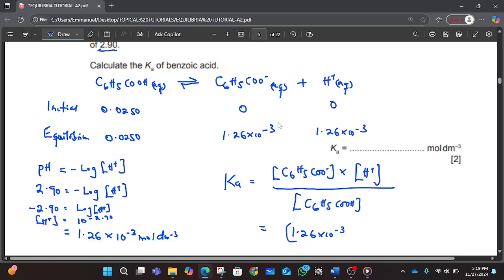This is also 1.26 times 10 power minus 3. So I can do exponent 2, and this is over 0.0250, and the Ka value is 6.34 times 10 power minus 5 mole per decimeter cube.